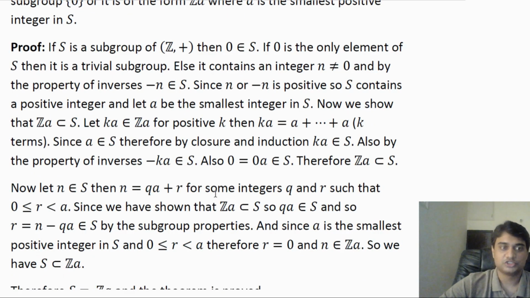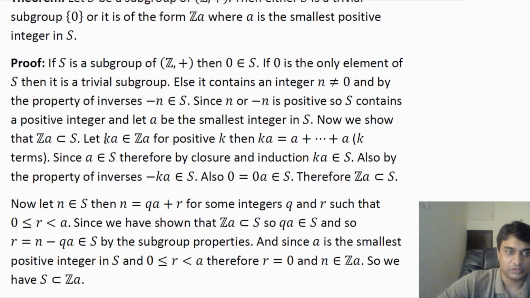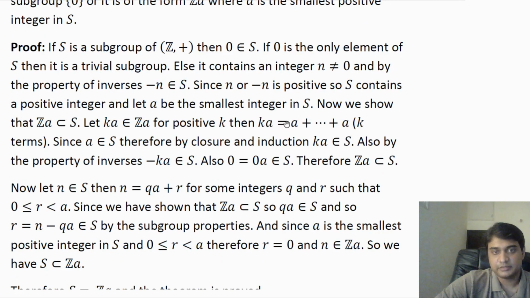Now we show that ZA is a subset of S. A is the smallest positive integer of S, and ZA, the set of multiples of A, is a subset of S. First, we take an element from ZA, which is KA for some integer K, where K is positive. KA means add A to itself K times.